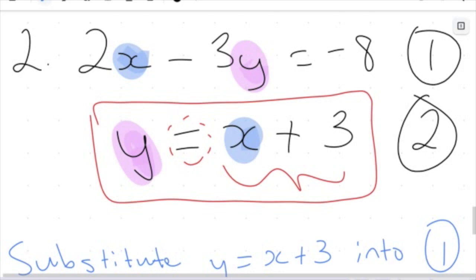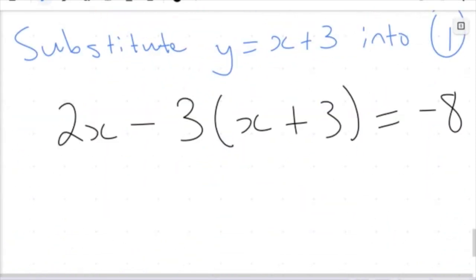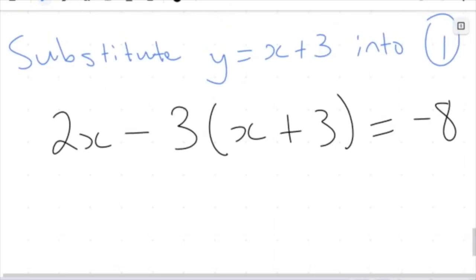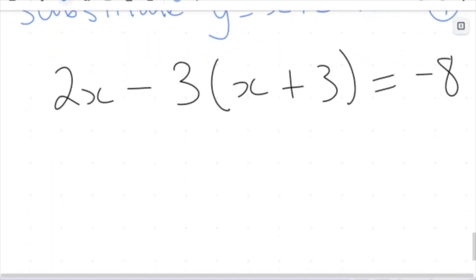That's why I've color-coded these. And one of my y's is expressed in terms of x. So that I'm going to put in place of the y in equation 1. So this y in equation 1. And now I have all x's.